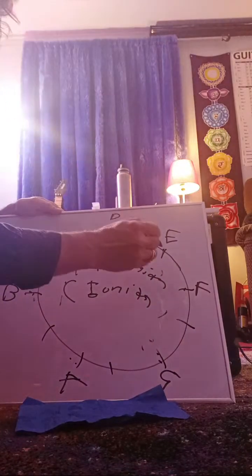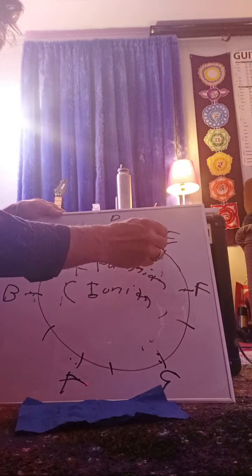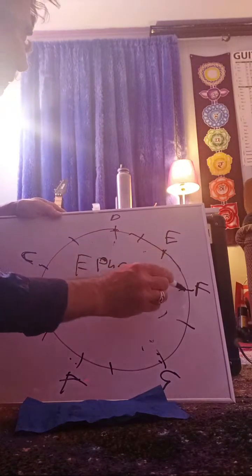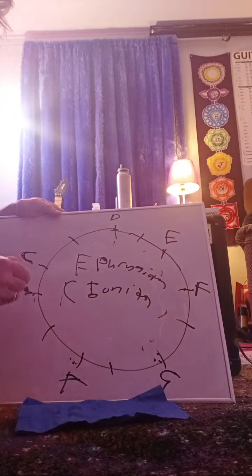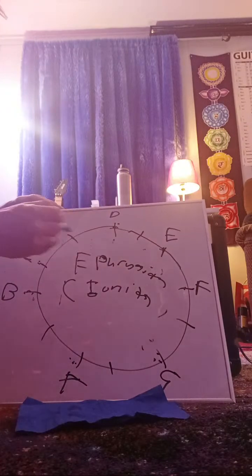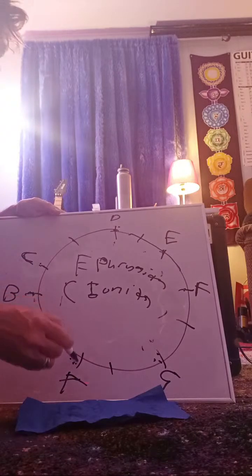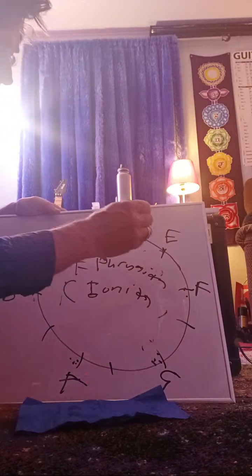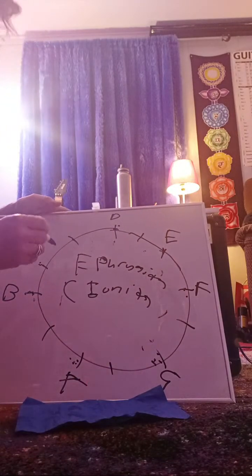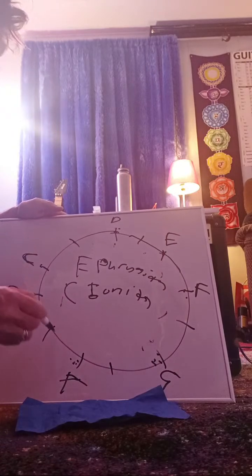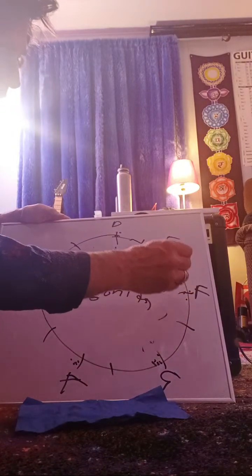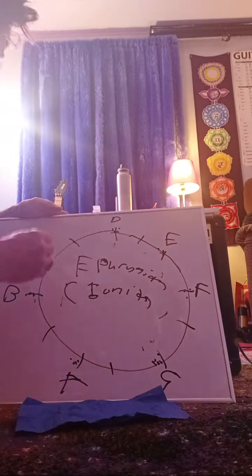Why? Well, E Phrygian going up is half, whole, whole, whole, half, whole, whole. And C Ionian going down is half, whole, whole, whole, half. Wait, let me do it again. C going down is half, whole, whole, whole, half, whole, whole.